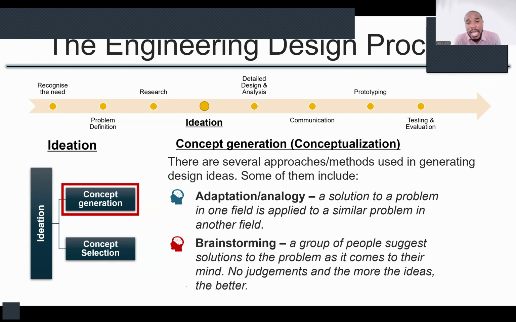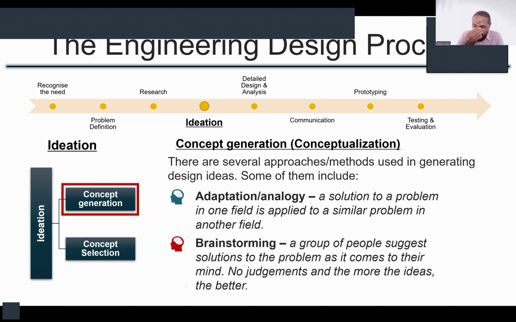For example, water supply in a house is analogous to electricity distribution in a house. Your electric wires can be looked at as your water pipes. Your switches can be looked at as your taps.